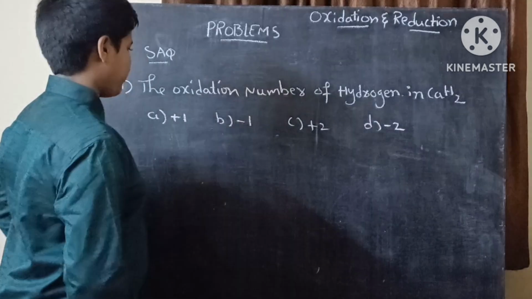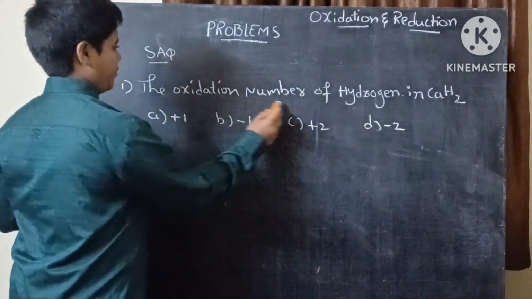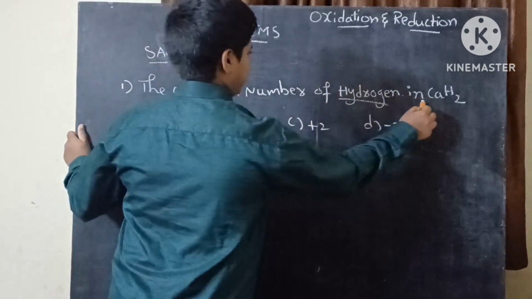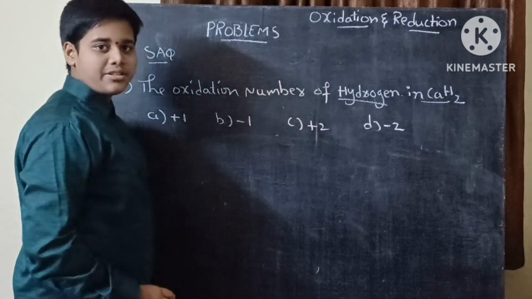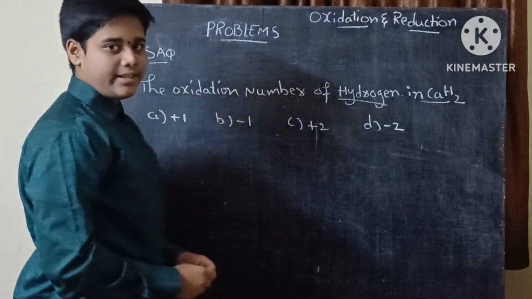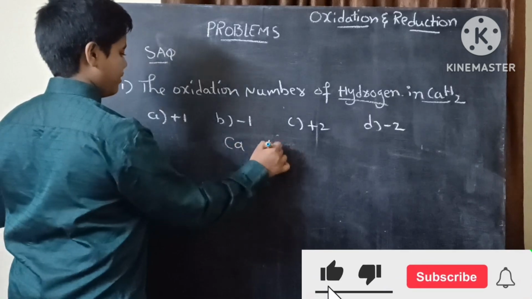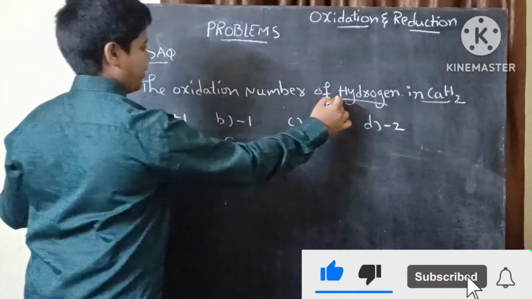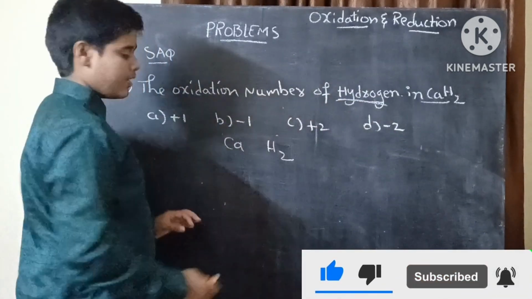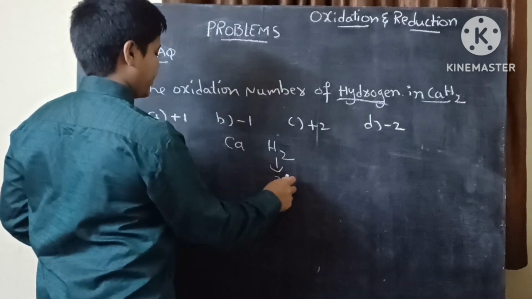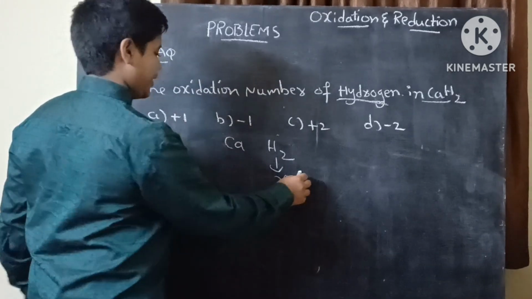If you see the first question: the oxidation number of hydrogen in CaH2. CaH2 means calcium hydride. Here we have to find the oxidation number of hydrogen. We don't know it, so I am taking X. There are 2 hydrogen atoms, so X into 2.